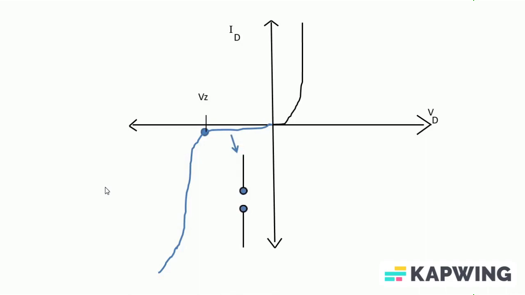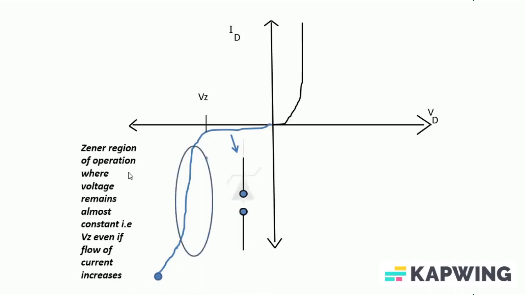The diode ideally does not conduct, and the moment the applied voltage exceeds this breakdown value, this Vz value, the diode starts conducting. A heavy current can flow in the diode, and that too in the reverse direction, in this direction.